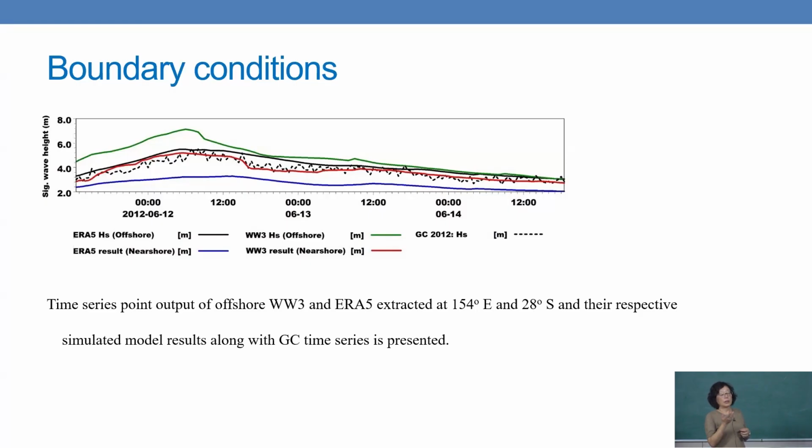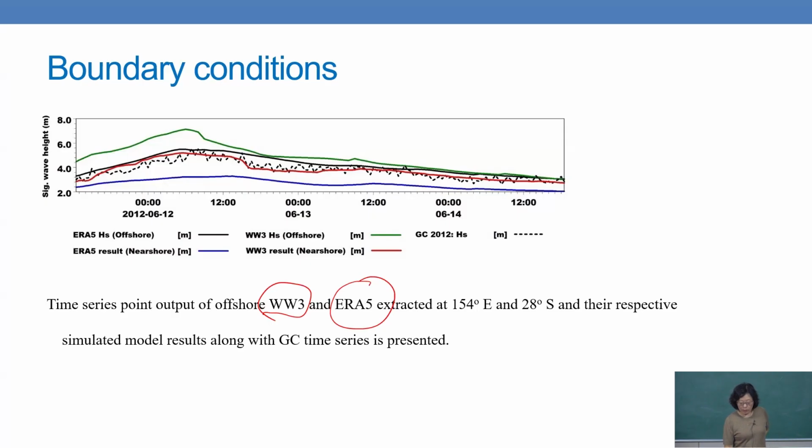That's for the wind. But also at the boundaries, we also use a few different ones. One is the WaveWatch 3 output, and another one is the ERA5. So we did have a comparison of all of that information, trying to get the best.